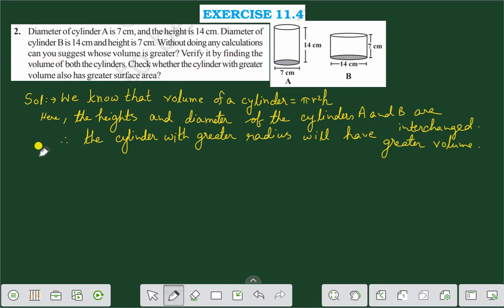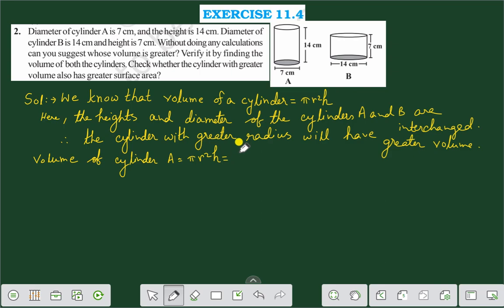We will find the volume of cylinder A. Volume of cylinder A is equal to pi r square into h.